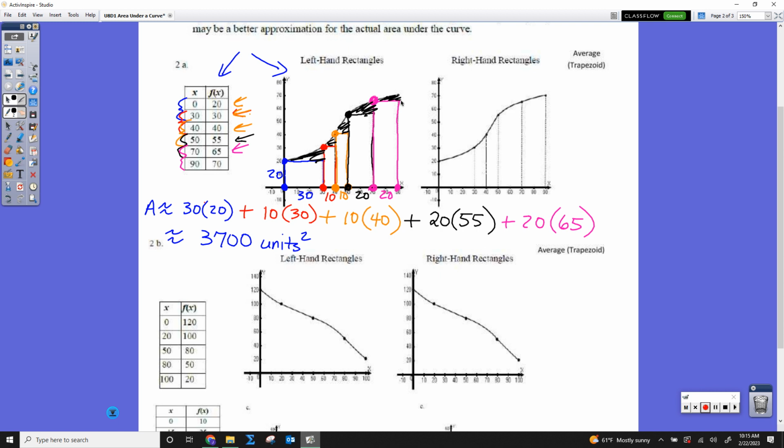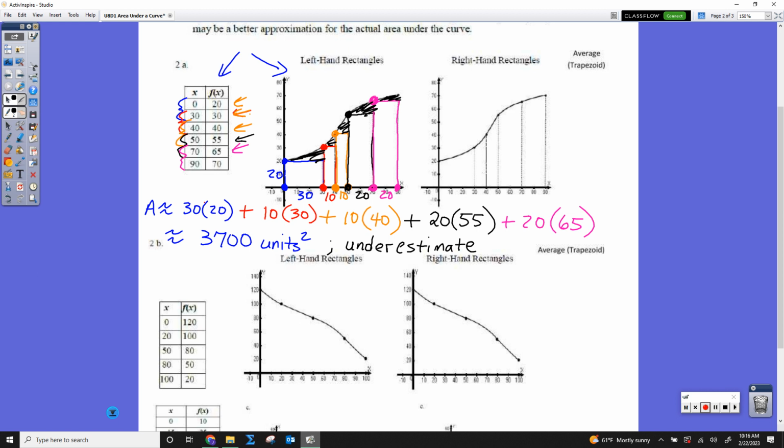So if I were to ask, hey, is that an underestimate or overestimate? We would definitely say this is an underestimate. So that'd be a common question I'll ask you, hey, is that approximation an overestimate or an underestimate in this particular case? All right, so that's left-hand rectangles.